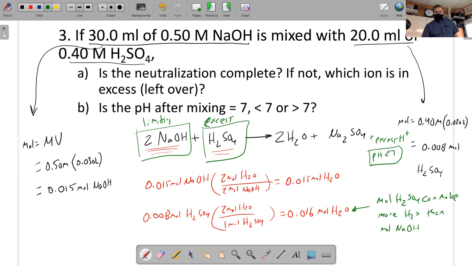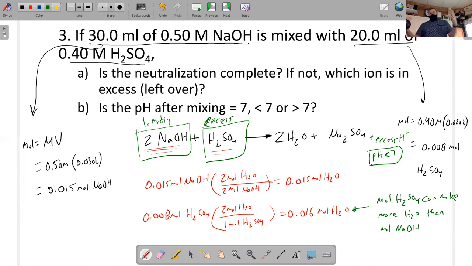So if you were to take 30 milliliters of half molar sodium hydroxide, mix it with 20 milliliters of 0.4 molar sulfuric acid, a whole lot of it will neutralize, make sodium sulfate and water, but there will be excess hydrogen and sulfate ions in solution. And because there's excess hydrogen ions in solution, it's an acid, and the pH will be less than 7.